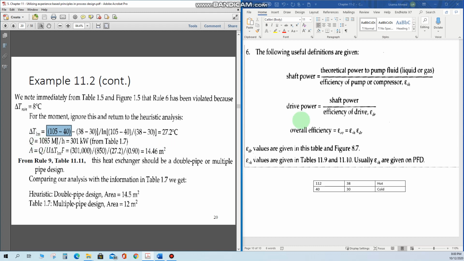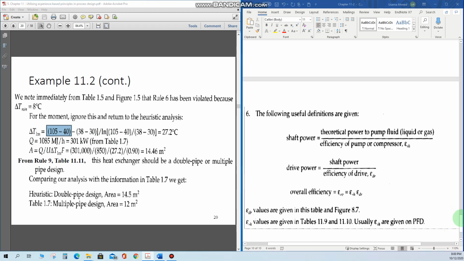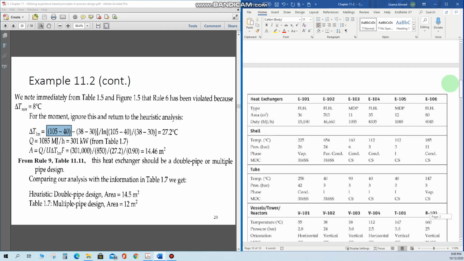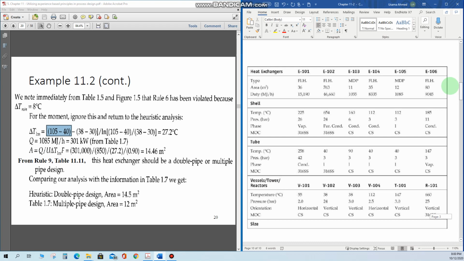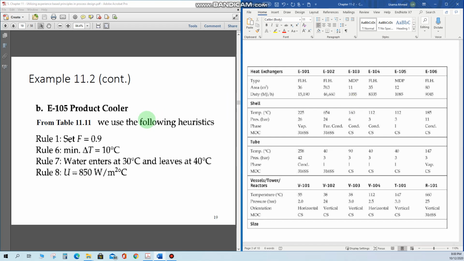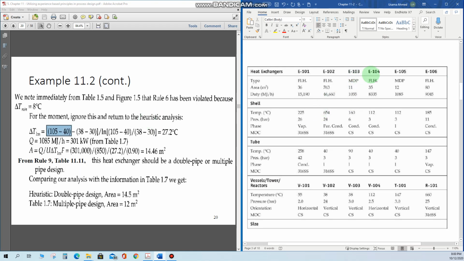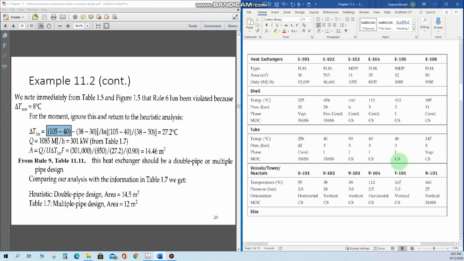It would be equal to the value from table 1.7. If I take you to table 1.7, yes, the heat exchanger name is E105. So you can see this name here, E105. And in this table you can see the value for the heat; if you go down a little bit, the side duty is written here as 1085.